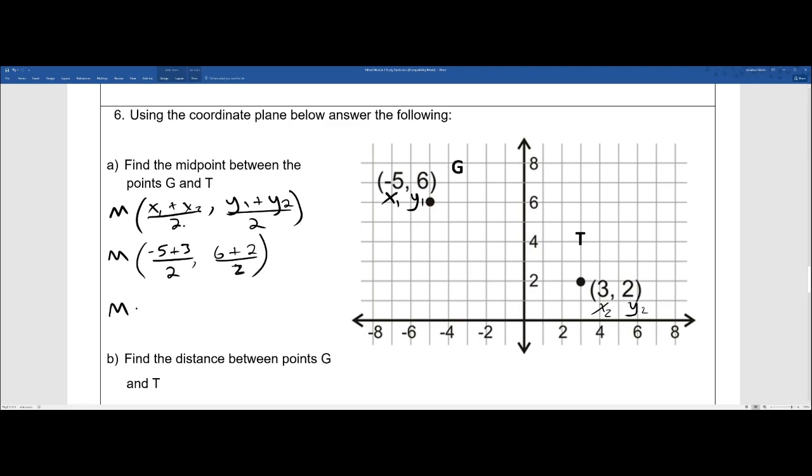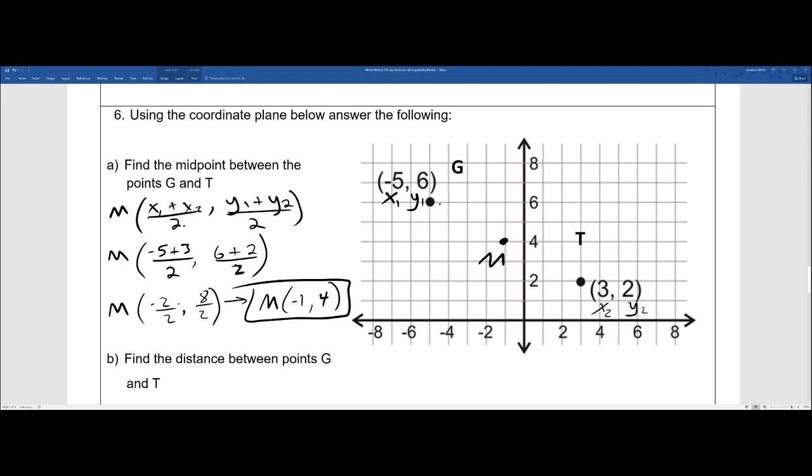And now our midpoint will be -5 plus 3 is -2. Divide by 2. 6 plus 2 is 8. Divide by 2. And we'll finally have a midpoint at -1, because -2 divided by 2, comma 8 divided by 2, which is 4. So our midpoint is right here, -1, comma 4. That's our middle.